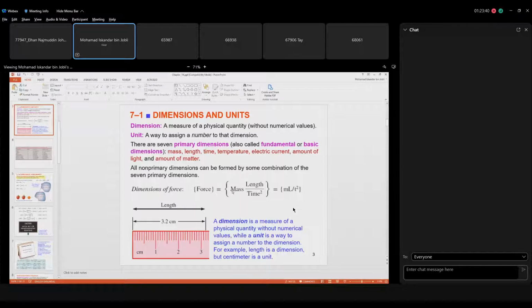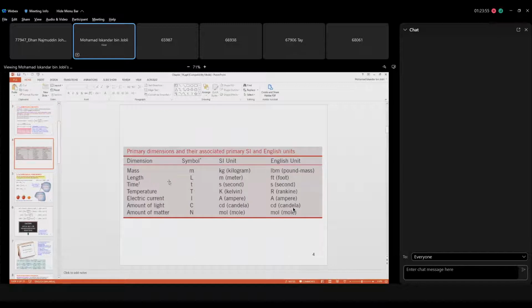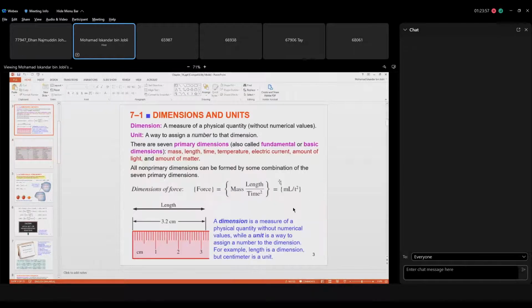Force equals ma. Acceleration is length over time square. So if you were to write it down in symbols, this is how it's going to look.